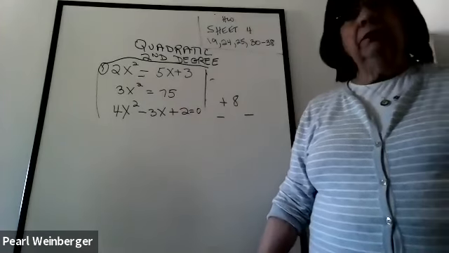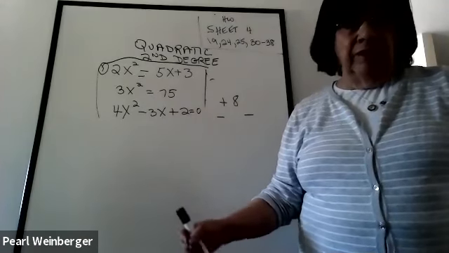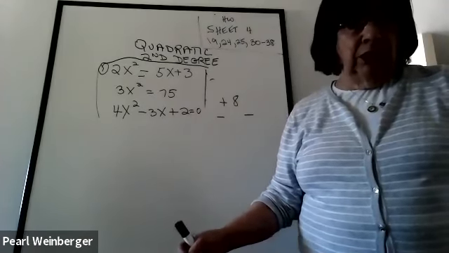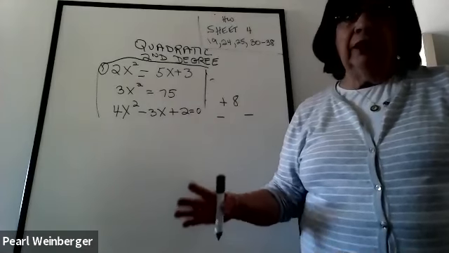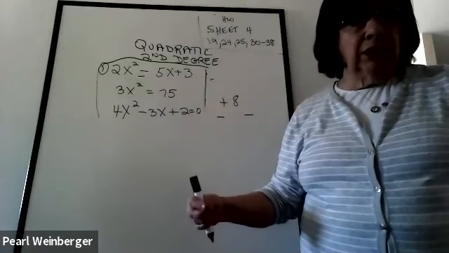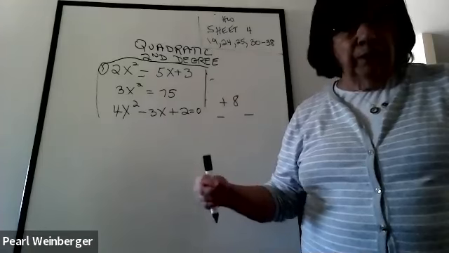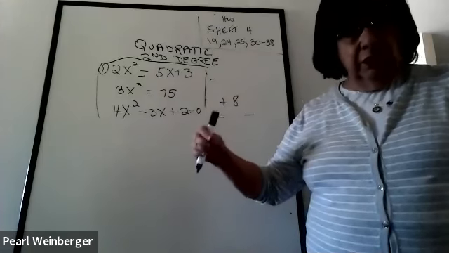In other words, the method that I taught you about solving quadratic equations is not totally infallible. There are times that it doesn't work. That's why we're going to have to learn a different method. We're not going to learn it in this chapter.